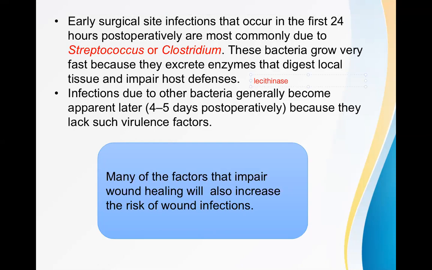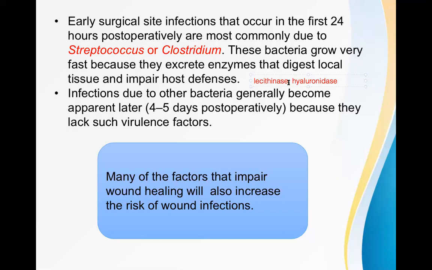Just analyze these terms. Lecithin is a substance in the connective tissue or the ground substance. Hyaluronic acid is another substance which is a part of connective tissue. So these are the enzymes which break down these substances. These are also known as spreading factors in those particular bacterial infections.